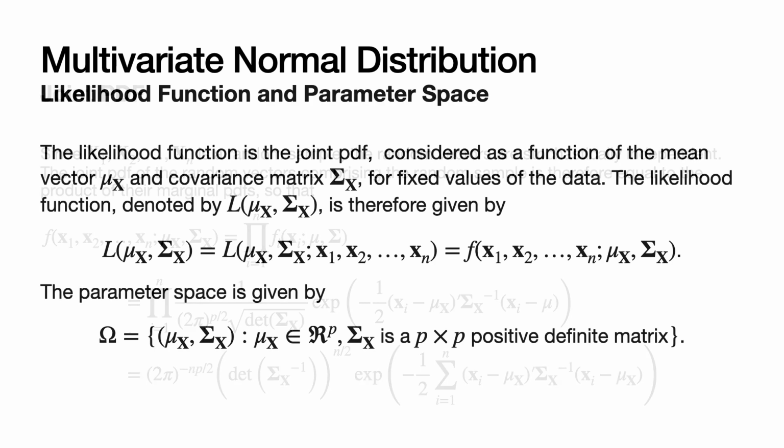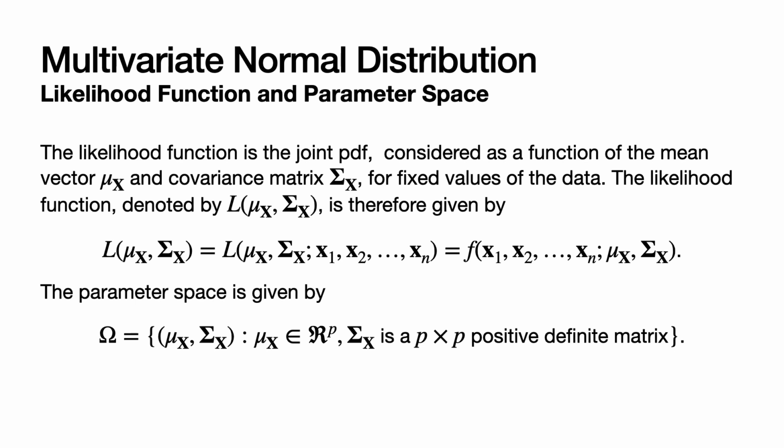Now, the likelihood function is equal to this joint PDF, but we consider it again as a function of the mean vector mu sub x and the covariance matrix capital sigma sub x, with x1 through x sub n being fixed values of the data. The likelihood function, as in the one-dimensional case, is denoted by uppercase L. It's a function of the parameters, which would be mu sub x and capital sigma sub x, and it's therefore given by this expression.